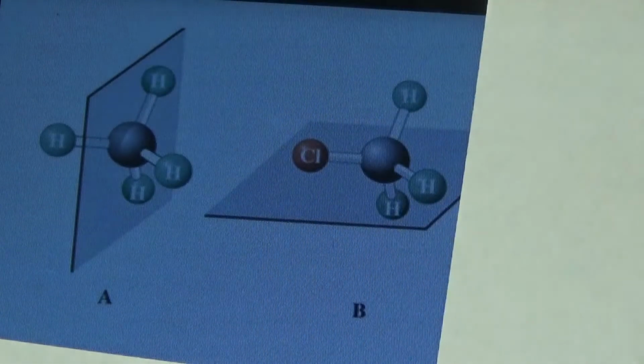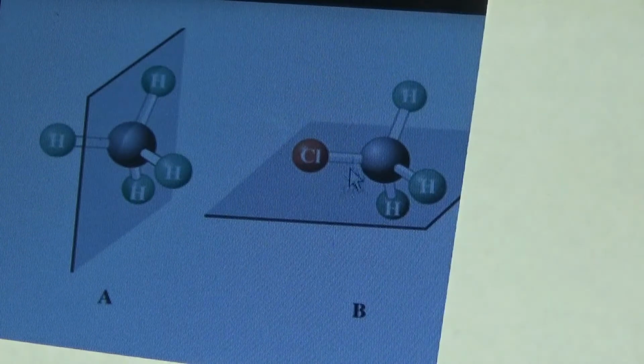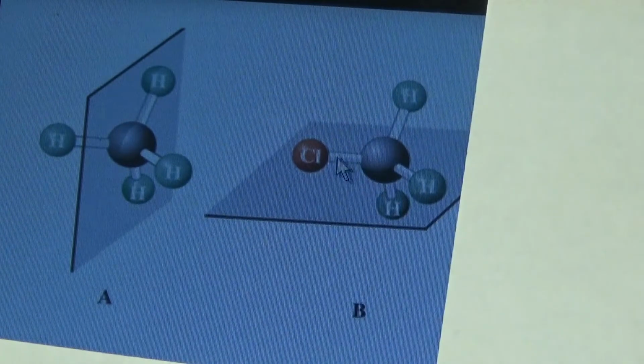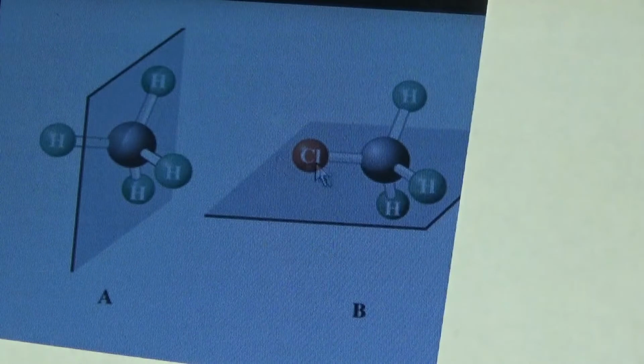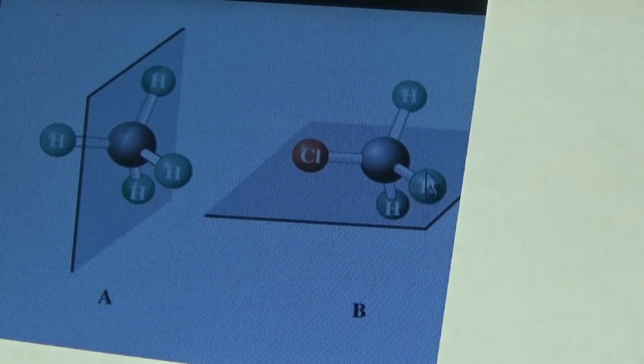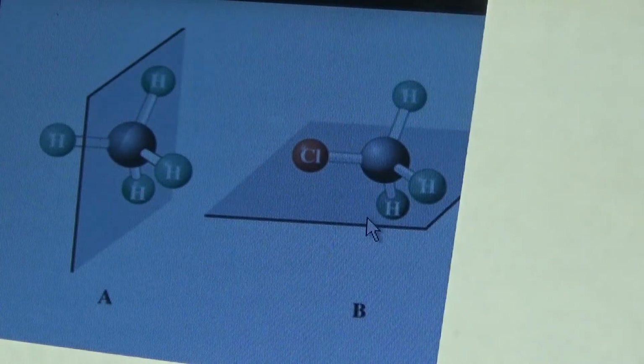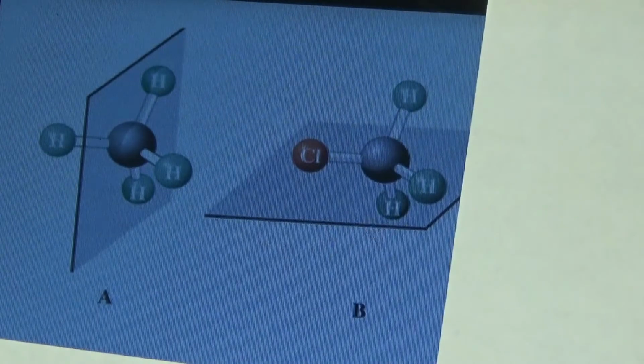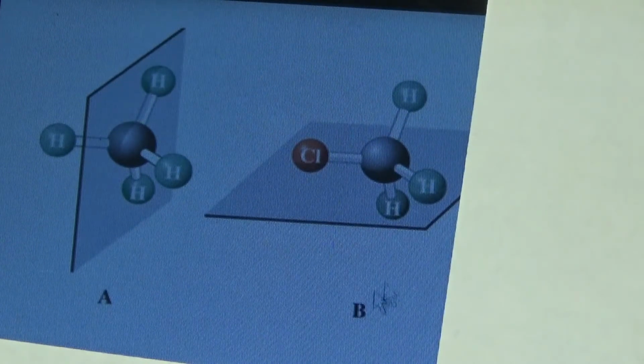What if we add one thing to methane, like chloromethane? Well, if you rotate chloromethane around and slice through it, now we see the top mirrors the bottom, plane of symmetry, achiral. And remember, what did we say generally?